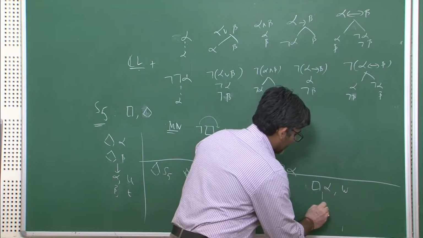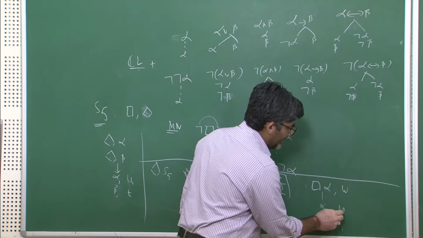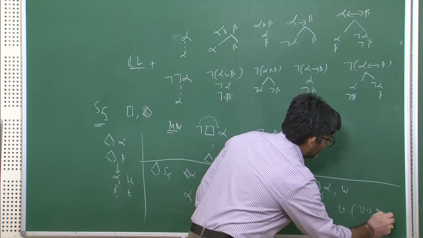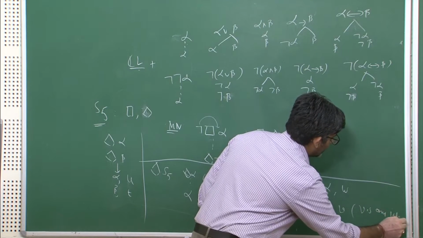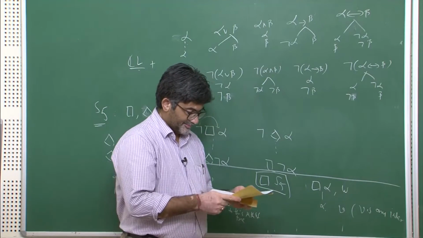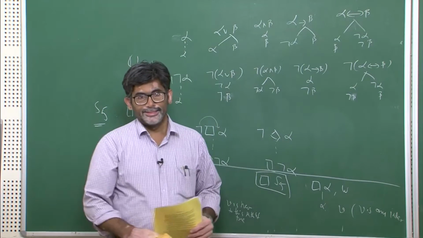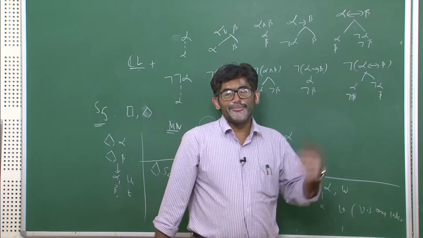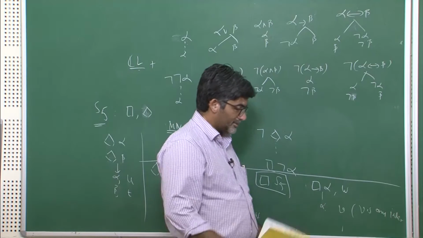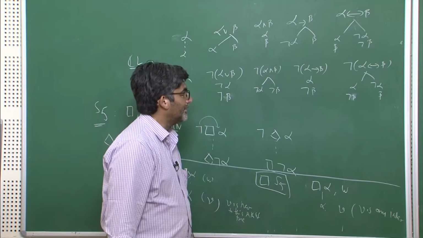So that means this alpha has to be true in a world V. So this V is any indexical letter that exists in that given path of your tree. So V can be any index. That means for all such V's, it can be V1, V2, V3, anything, in all those your alpha has to be true. And these are the things which are related to the necessity S5 rule.